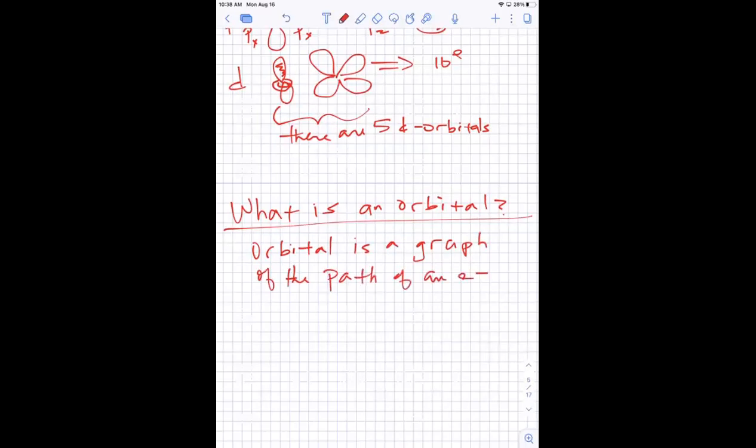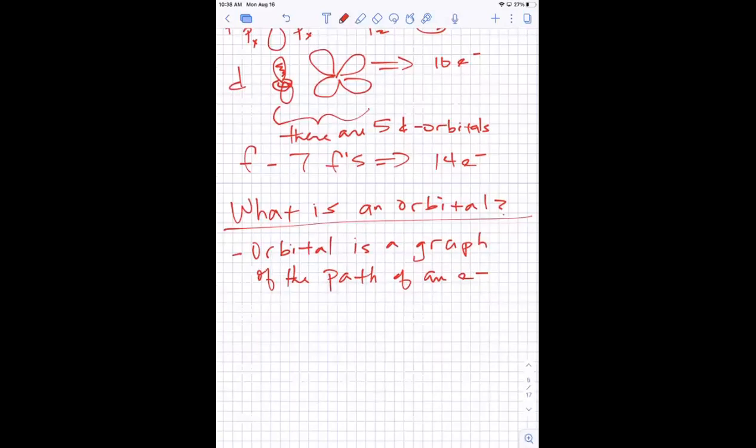Depending on what type of orbital it is, that's going to determine what the graph looks like. So again, the s, the p, the d, and the f orbitals, which I didn't put here, but I'll put up here. There are 7 f orbitals. They can hold a total of 14 electrons. So the orbital is actually a graph of the path of an electron, the path it takes around the nucleus of an atom. It's not real.